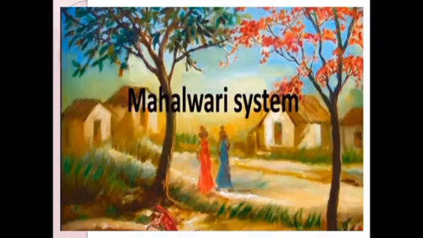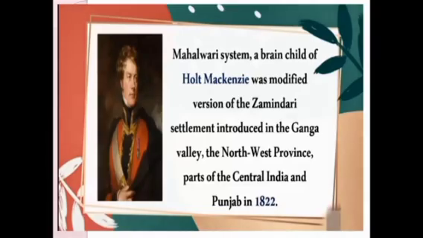Next, we are going to learn about the Mahalwari system. The Mahalwari system, a brainchild of Holt Mackenzie, was a modified version of the Zamindari settlement introduced in the Ganga Valley, the northwest province, parts of central India and Punjab in 1822.